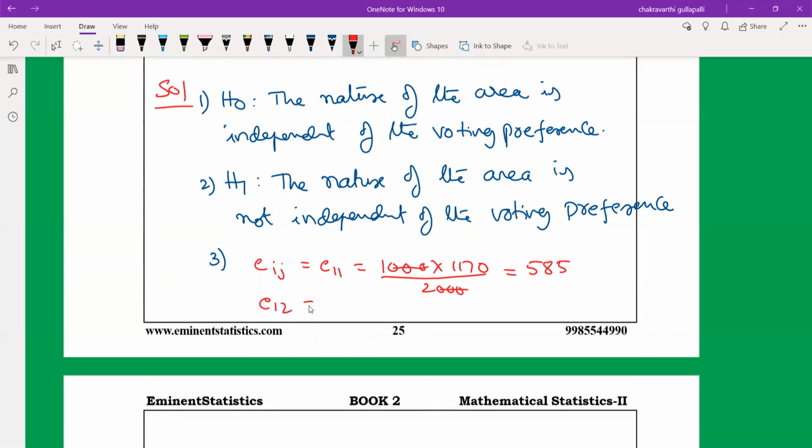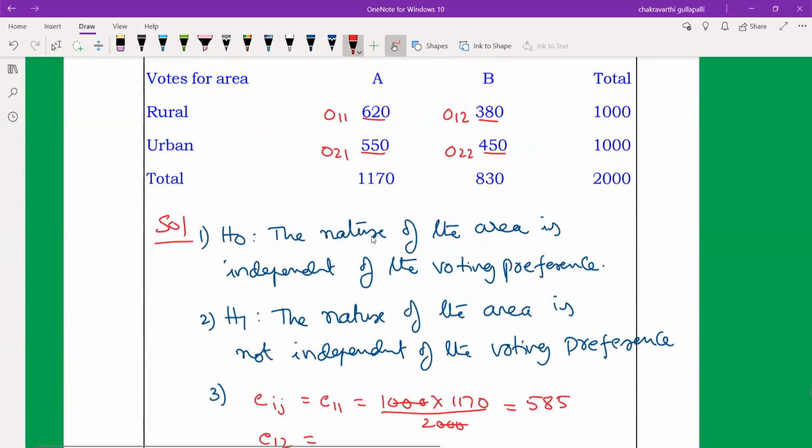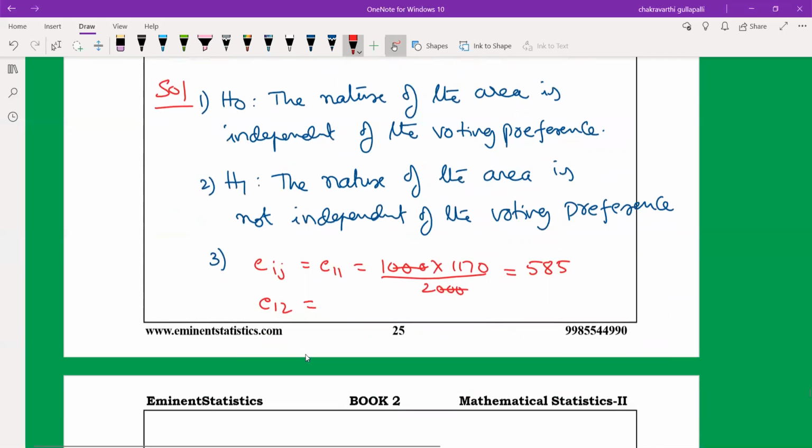Similarly, you have to calculate E12. E12 means first row total, corresponding to O12, 1000 into second column total 830, dividing by 2000.